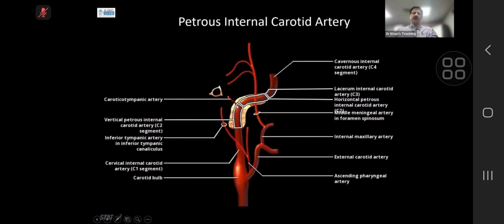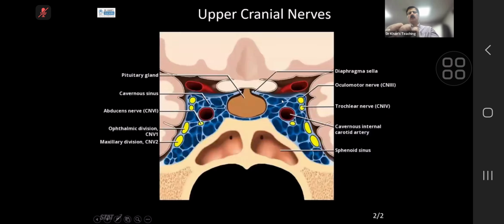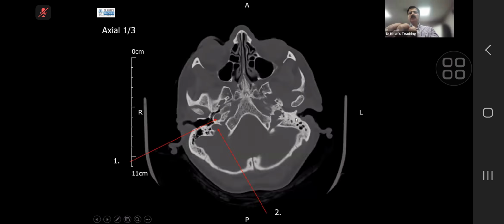You can see this, it is going vertically. This is known as the vertical portion. And then there is a horizontal portion in the carotid canal. And then it passes on top of the foramen lacerum. And then it goes into the cavernous sinus. So you remember that this is where it is passing through the cavernous sinus.